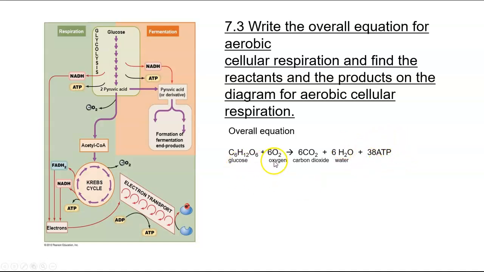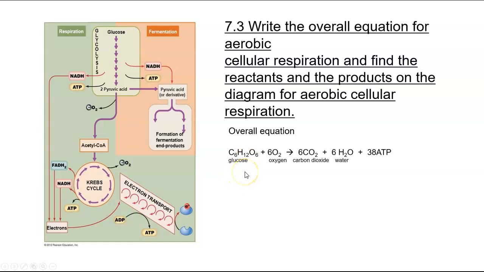I don't care if you remember the numbers here. Just know that 38 is a relatively large amount of ATP. The other thing to notice is glucose is C6H12O6. It has 6 carbons. At the end, we have 6 carbon dioxide. So glucose is converted into carbon dioxide and water.